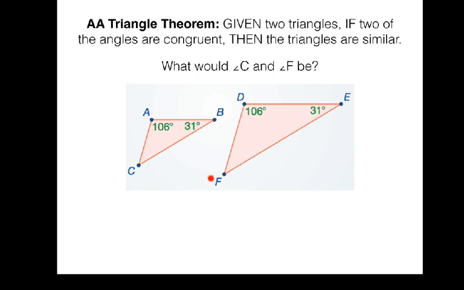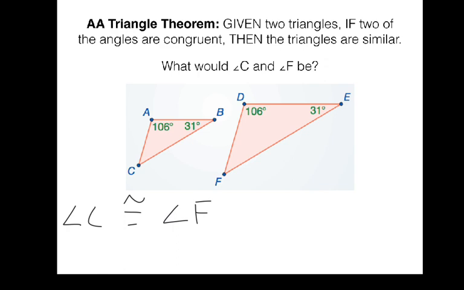But here, if I have 2 triangles and I think they're similar, what this means is that all the angles in both triangles are exactly the same, but their side lengths are different. Therefore, given 2 triangles, if 2 of the angles are congruent, then the third angle will be congruent. This means that in this picture specifically, angle C would be congruent to angle F.